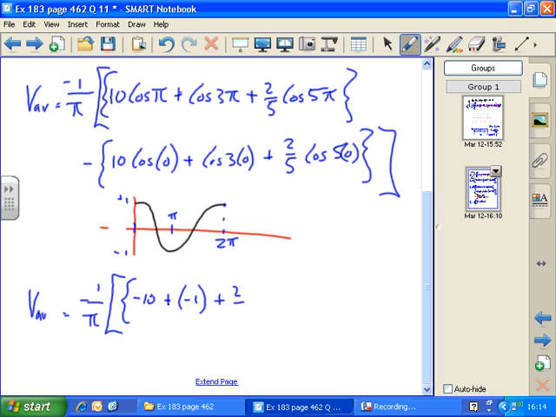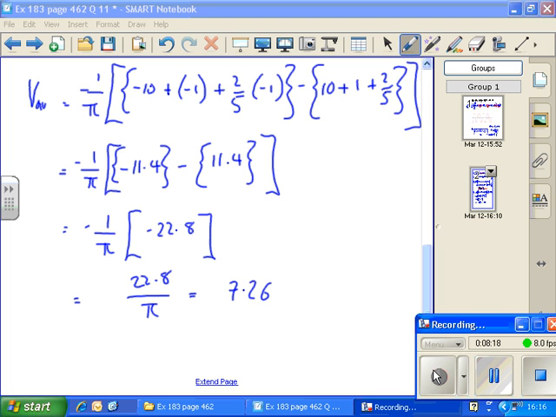Plus 2/5 of cos of 5 pi, which again is minus 1. Cos of 0 is 1, so that will be minus the quantity 10 times 1, which is 10, plus 1, plus 2/5 times 1, which is 2/5. So we work out what that is inside the bracket, and hopefully we confirm what we get in the textbook. There's a solution worked out.